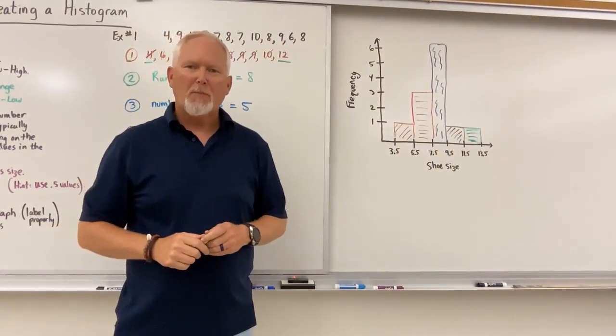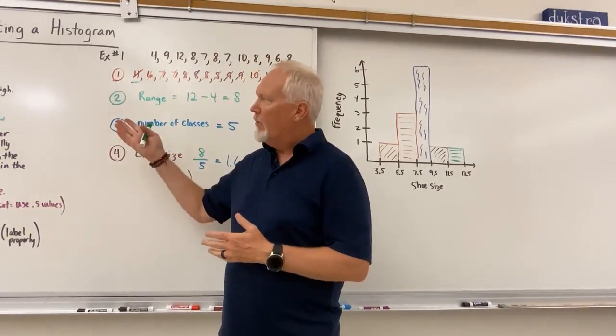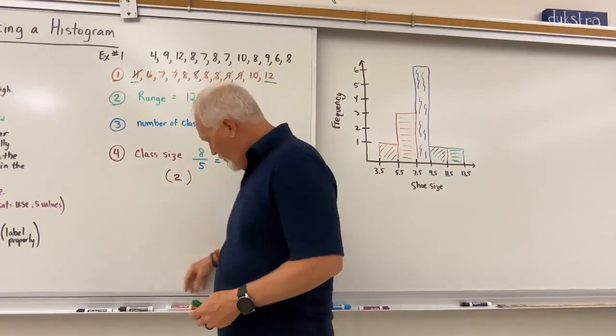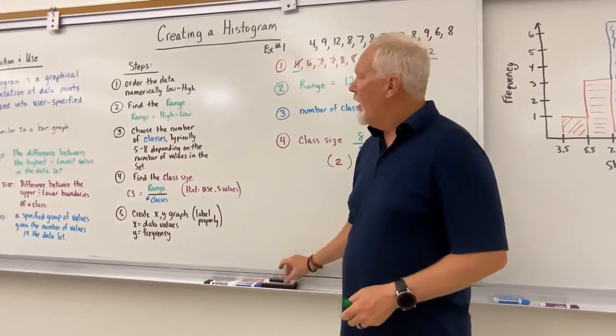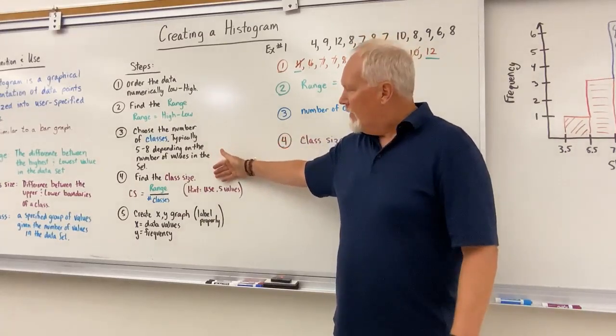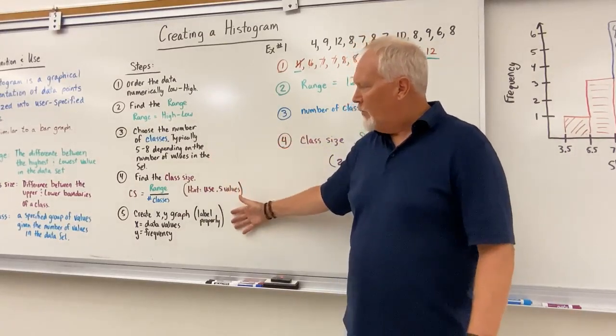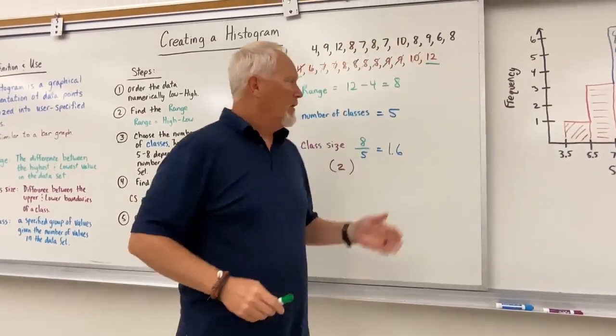Okay? So again, we order the data, we find the range, we choose the number of classes, typically 5 to 8, find the class size, and we create our X and Y graph, and then we order our data.